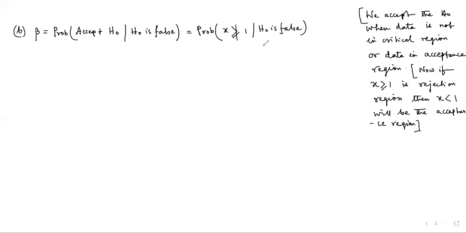Or in other words, we can write it as the probability that x is lying between 0 and 1, or if I write it in a more general way, x is less than 1 when H naught is false. If H naught is false, that means H1 is true.